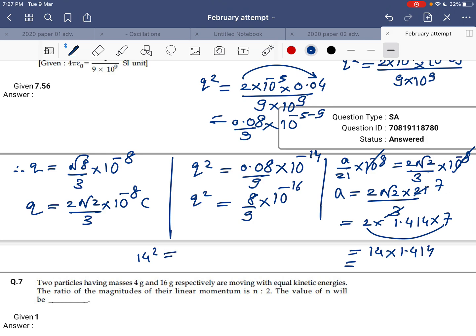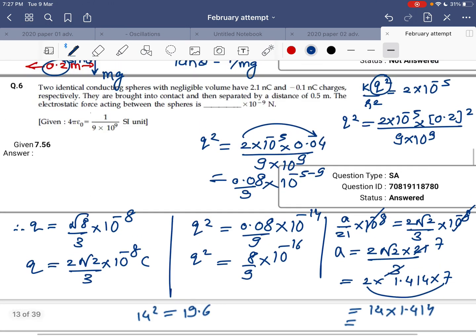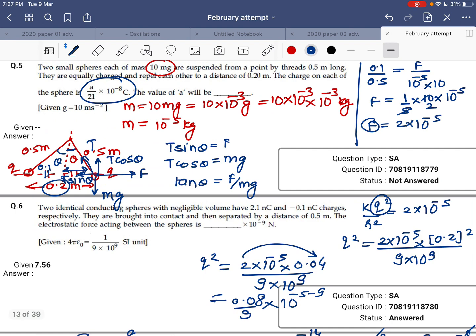Approximately, if you multiply 14 into 1.414, it will be 19.6 as you can see.